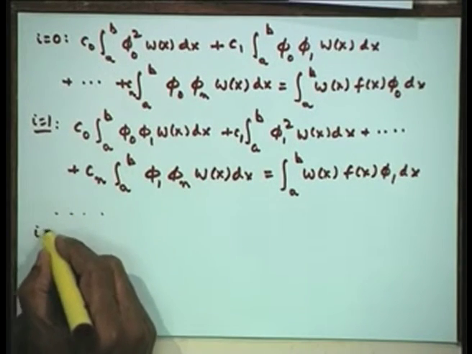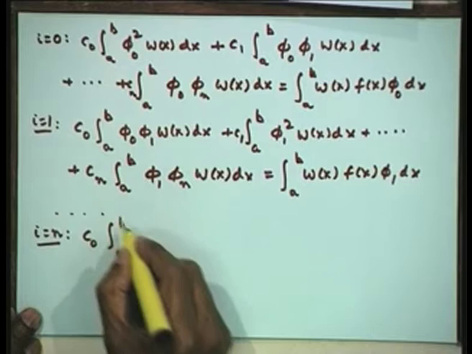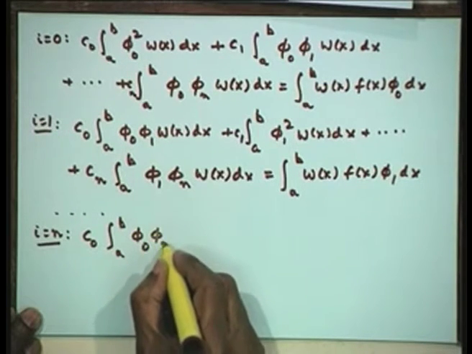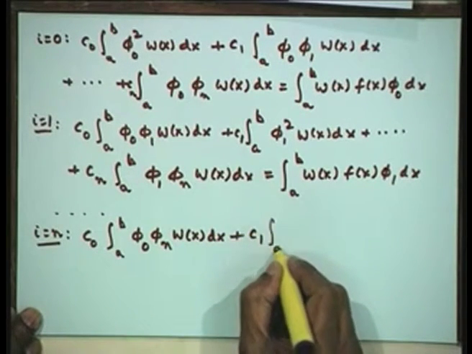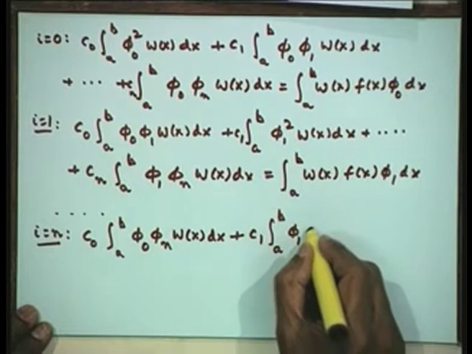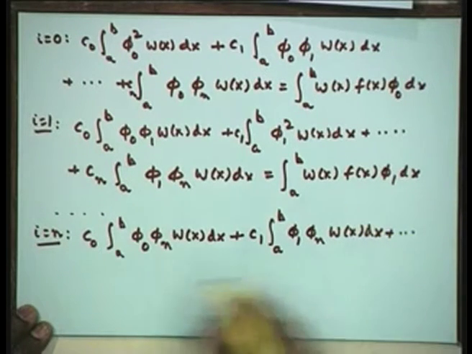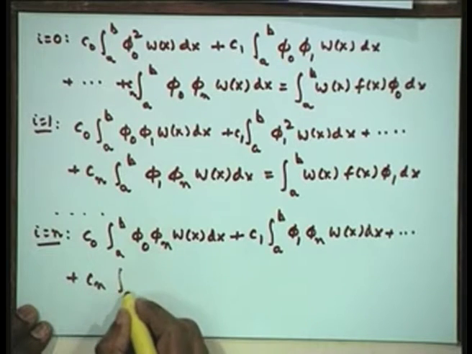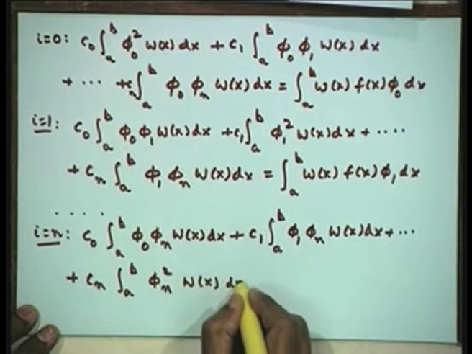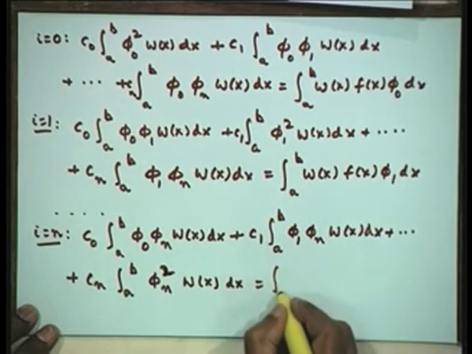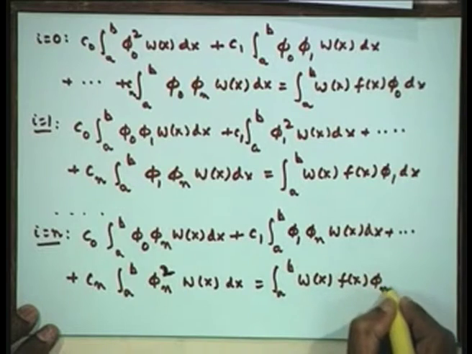Now, let us write down the last equation, i equal to n. I will therefore have c0 times the integral from a to b of phi0 phin w(x) dx, plus c1 times the integral of phi1 phin w(x) dx, plus cn times the integral of phin squared w(x) dx, equal to the integral from a to b of w(x) f(x) phin dx.